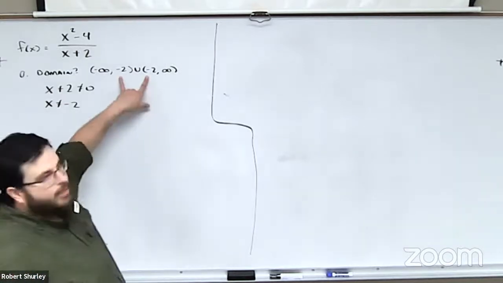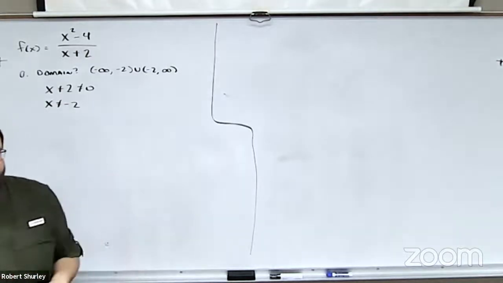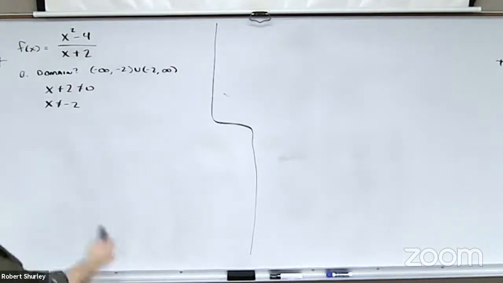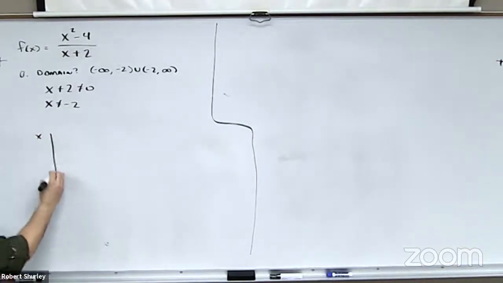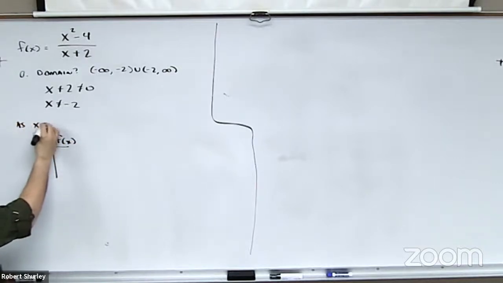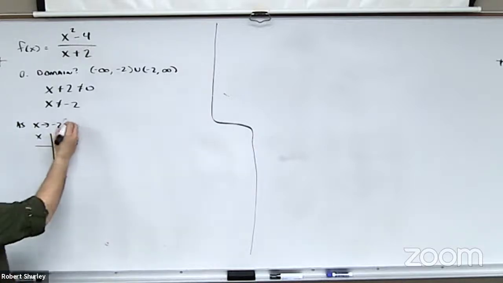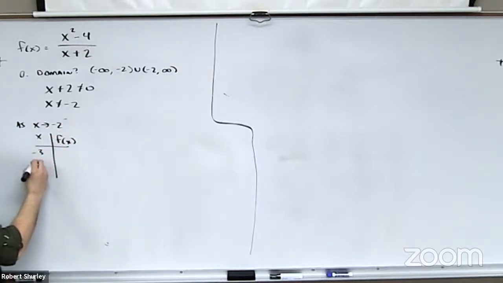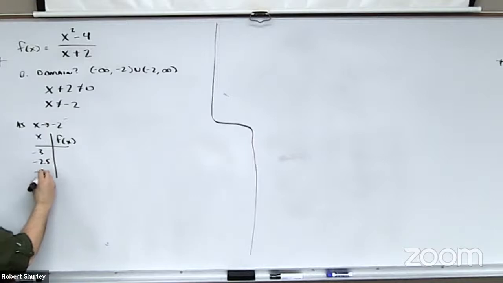But then we want to know what's happening at -2. So I'm going to do this just from one side, and we're going to see something interesting, okay? So we're going to go to -2 now. As x approaches -2, let's do it from the left. So -3, -2.5, -2.1, and let's see what happens.